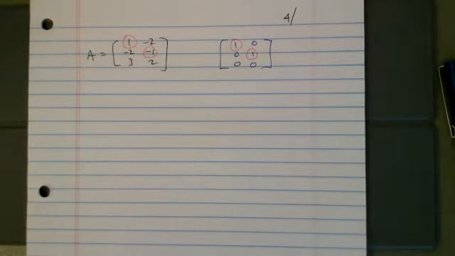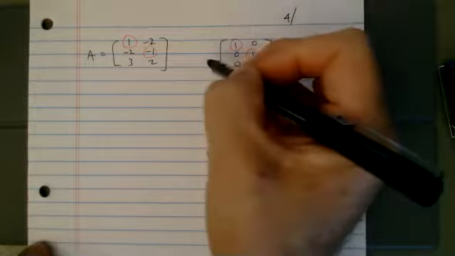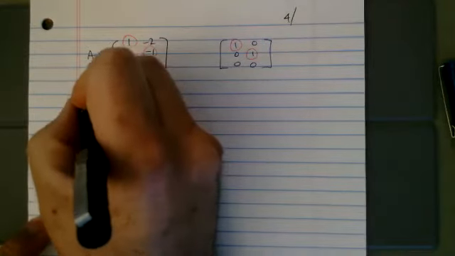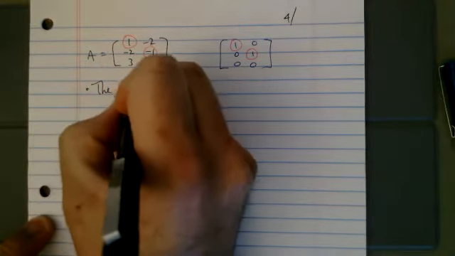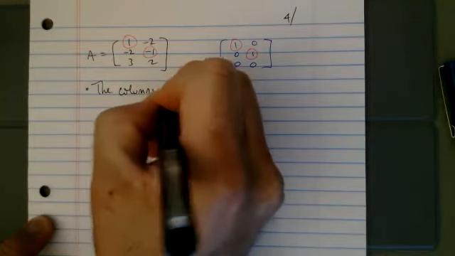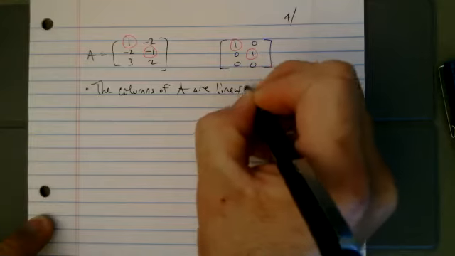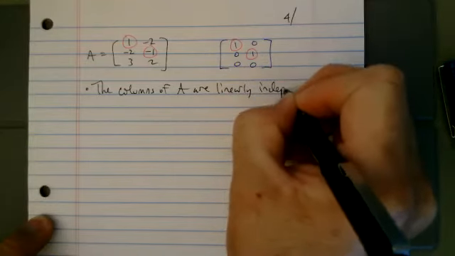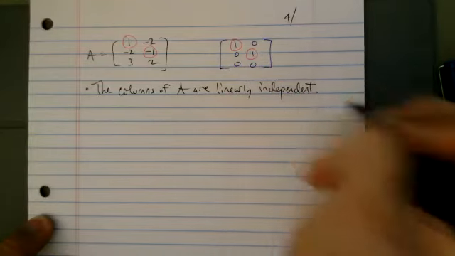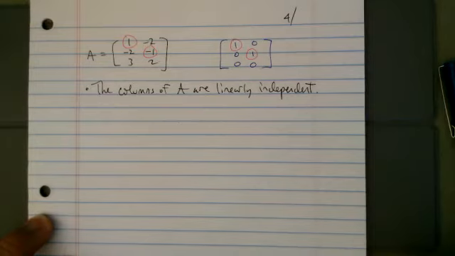We notice that the columns of A are linearly independent. So if Ax equals b is consistent, then the solution will be unique because the solution set will have no free variables. So here are the things that we notice. We notice that the columns of A are linearly independent, because there's a pivot in each column.